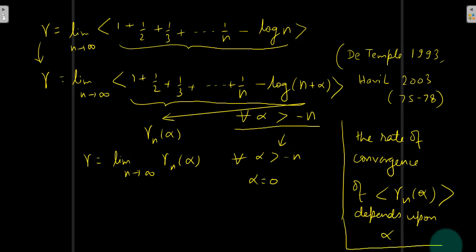If you take gamma n 0, it is nothing but the already known definition of the Euler constant. You can take gamma n 1 over 2, gamma n half, or gamma n 1. The rate of convergence of these sequences will depend upon alpha, and there is no other difference from what we have seen earlier.